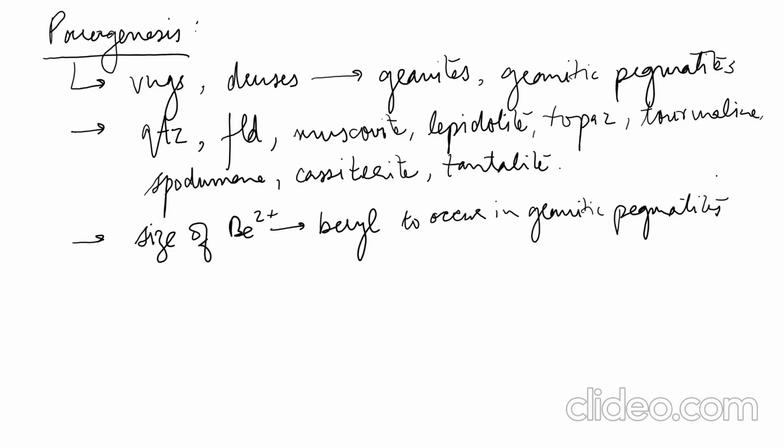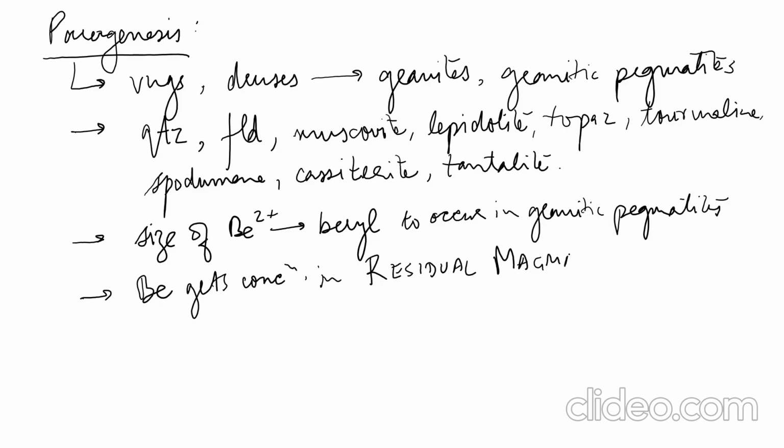The beryllium gets concentrated in residual magmatic fluids. This is a very important thing, that beryllium gets concentrated in residual magmatic fluid. You all are aware about the primary and secondary magmatic processes. So the beryllium gets concentrated in residual magmatic fluid. And why?